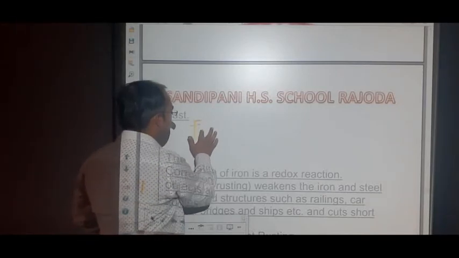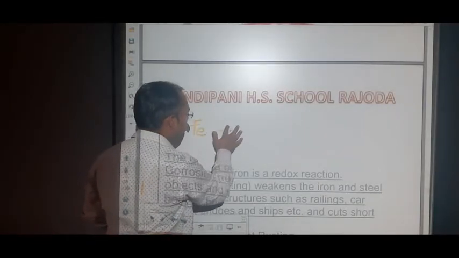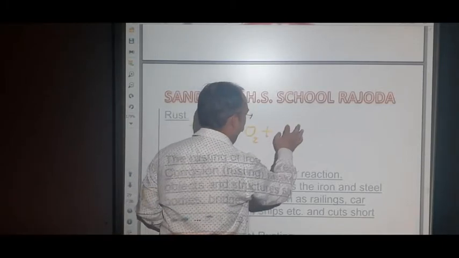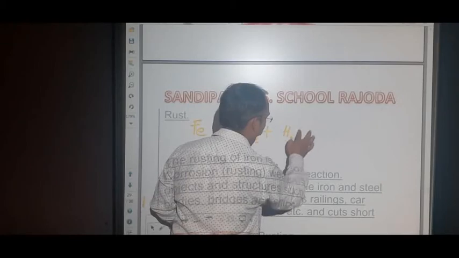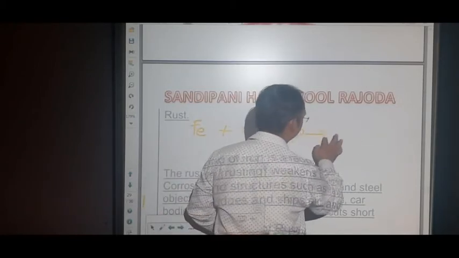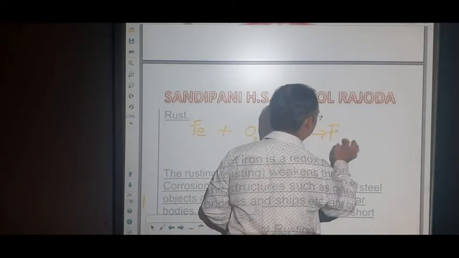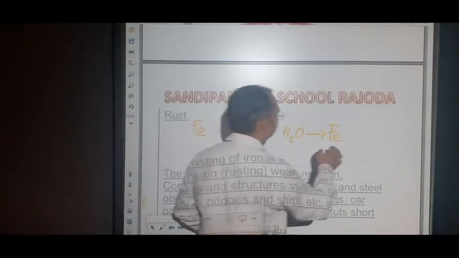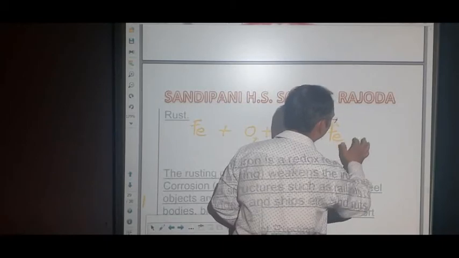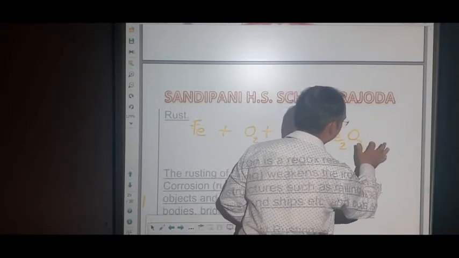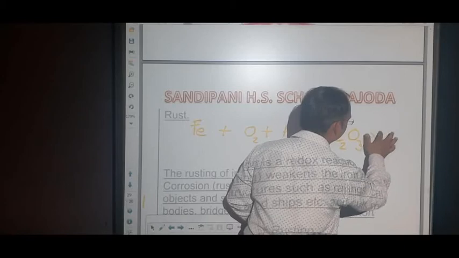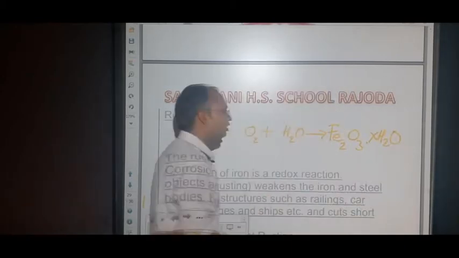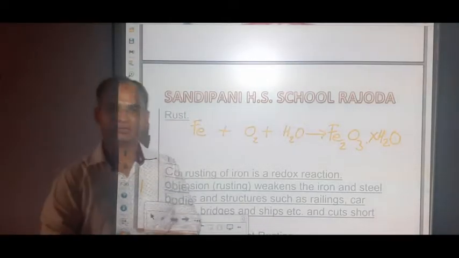Whenever iron, that is Fe, reacts with oxygen, that is O2, plus water, that is H2O, it gives a brown layer, that is Fe2O3.xH2O. Here students, xH2O means the amount of water is not fixed in it.